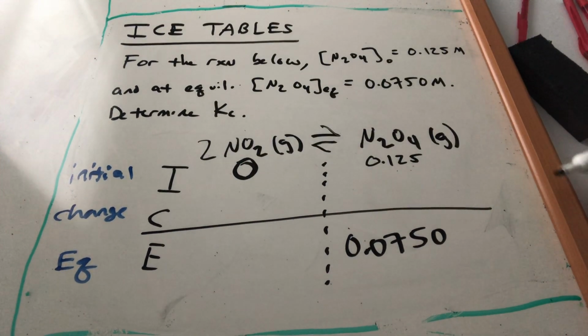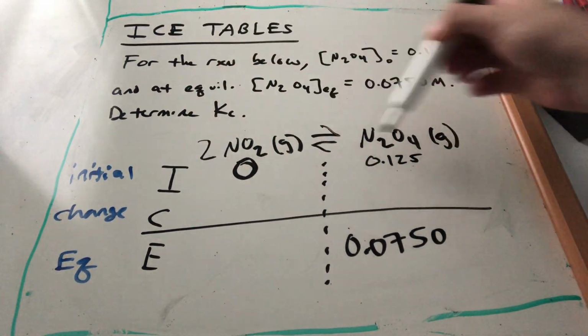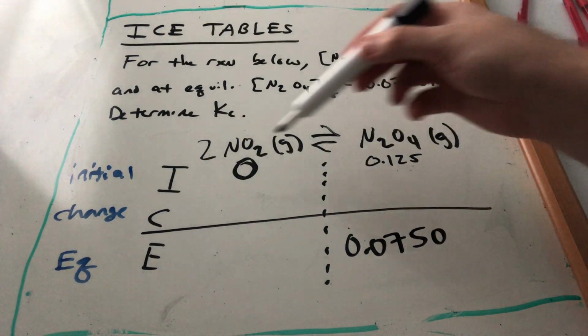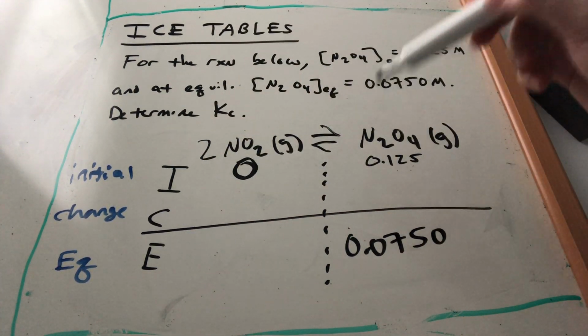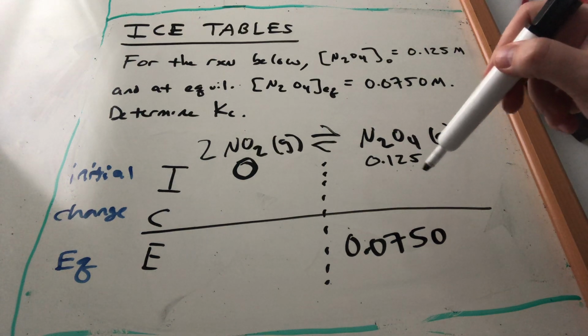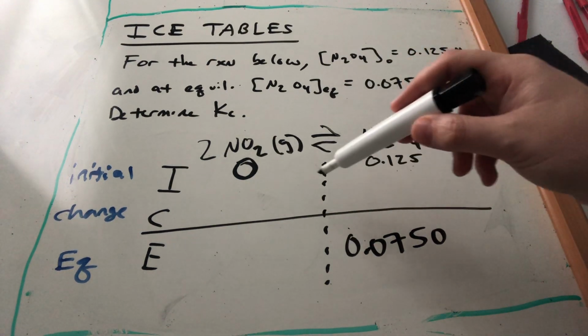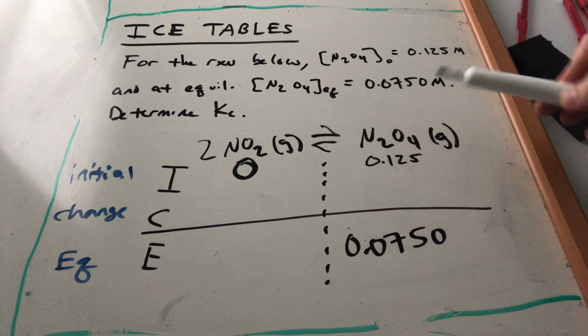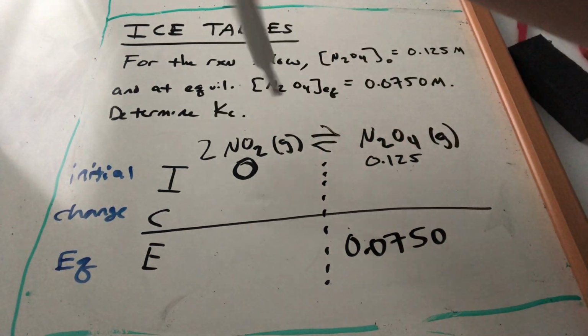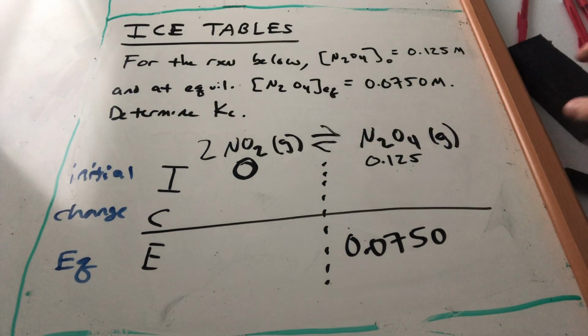Change. Now from before, from a previous video, how do we go from I to E? All right, we do a Q versus K check, all right? And that'll tell me at equilibrium whether the reaction has shifted to the left or the reaction has shifted to the right.